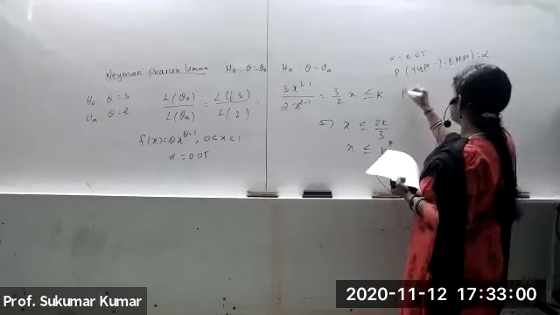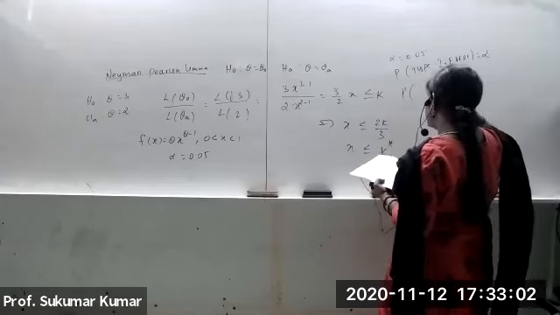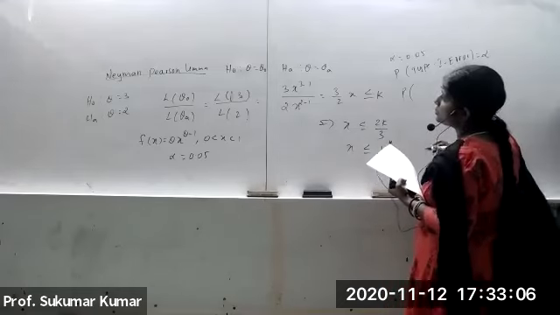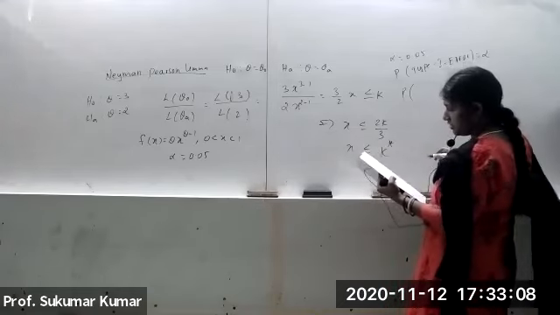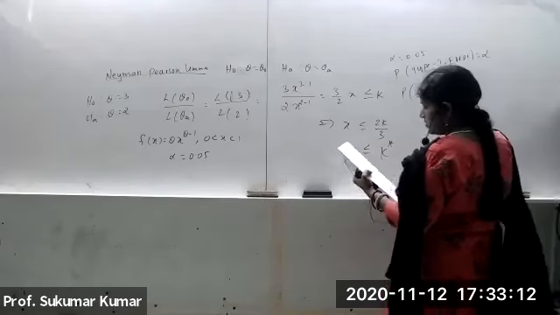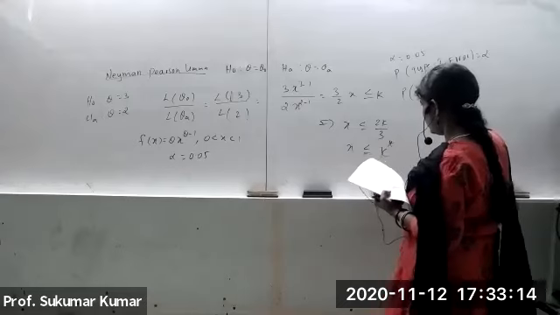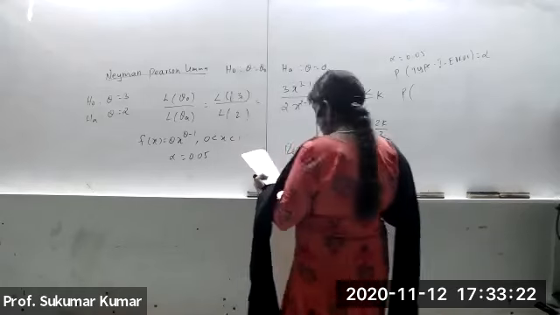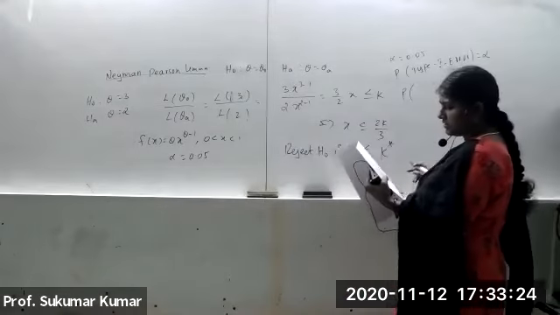So what does type 1 error mean? When H naught is true, rejecting H naught. This is the condition for rejecting H naught, right? Yes, ma'am. Reject H naught if x is less than or equal to k star.